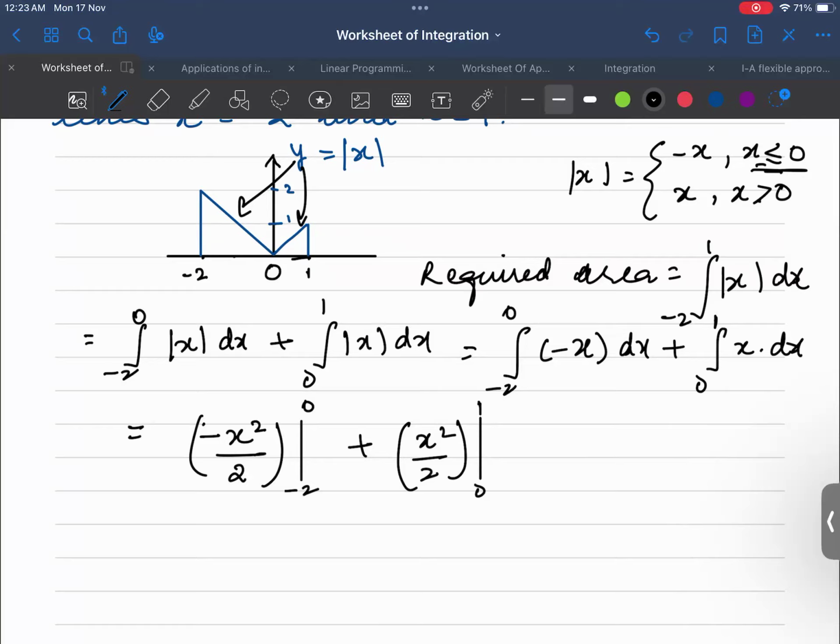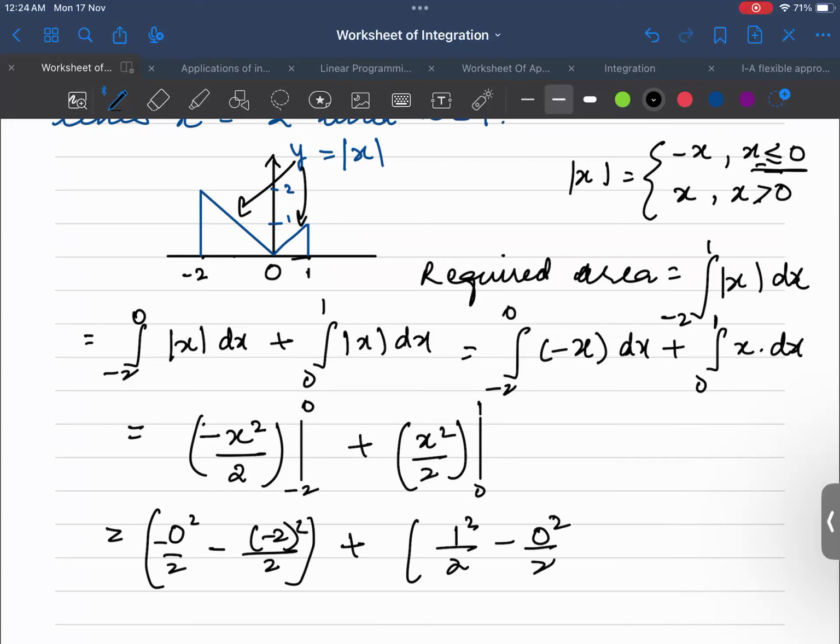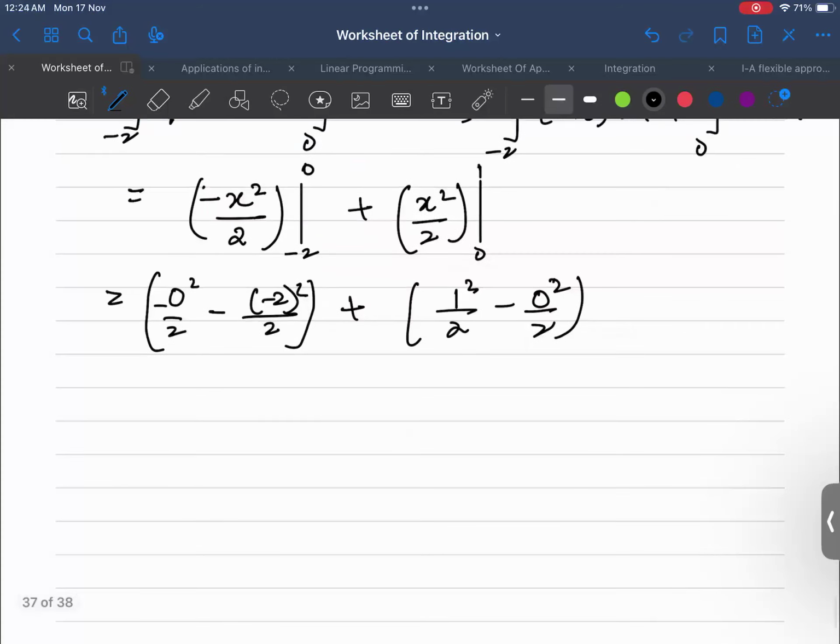Now, for this definite integral, first we get the upper limit: 0 upon 2 minus (-2) square upon 2, plus 1 square upon 2 minus 0 upon 2. We will solve it. It would be 4 upon 2 plus half, which is 5 upon 2.